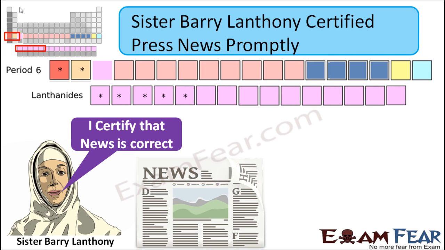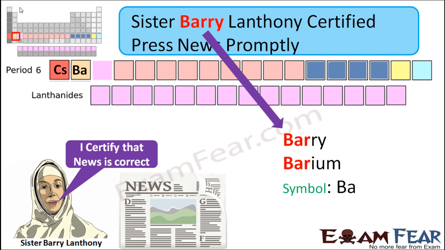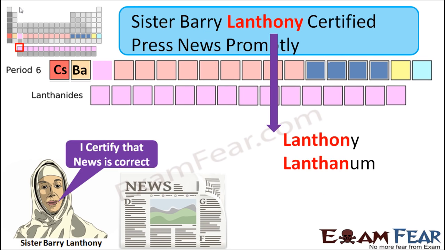Now let's look at the picture that we have here. So we have the picture of Sister Barry Lanthony, and she is telling that I certify that the news is correct. So the memory tip for us would be Sister Barry Lanthony certified press news promptly. So here Sister reminds of cesium with symbol CS. Barry reminds of barium with symbol BA.